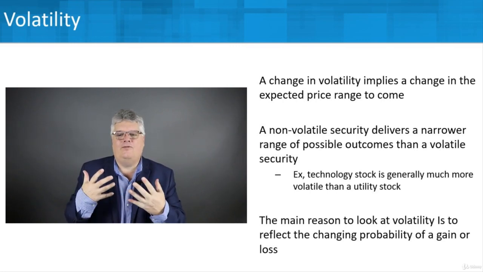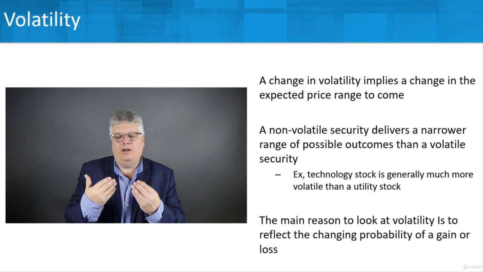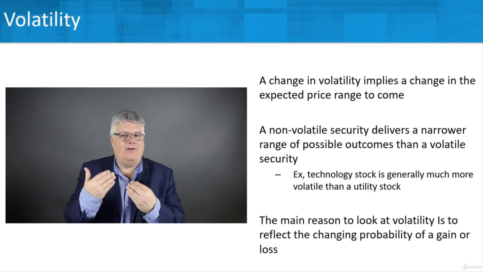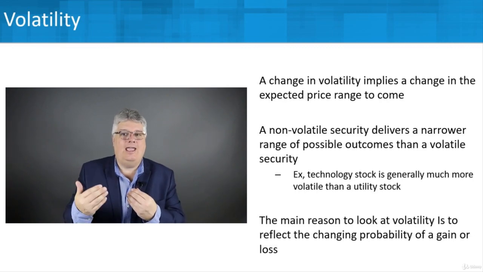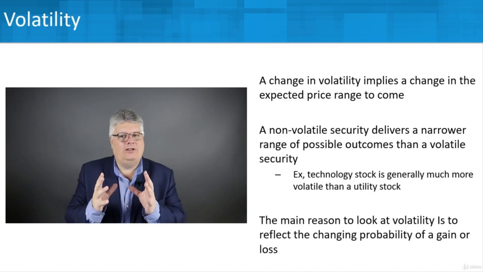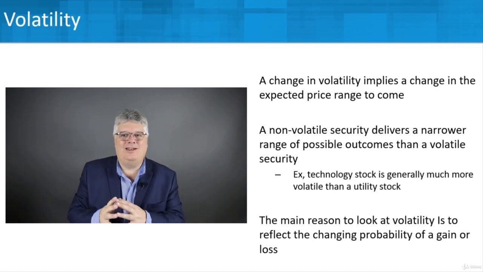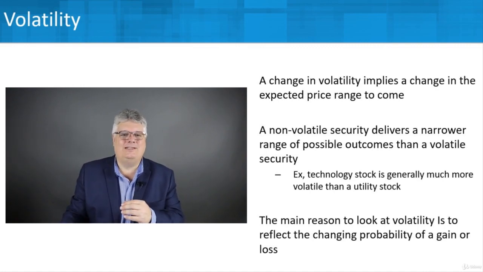So the main reason to look at volatility is to reflect the changing probability of a gain or loss. What are the possible outcomes if I make a trade, that I'm going to have a gain, and what are the chances I may have a loss? And can I look at volatility in a way to make this work in my favor? The good news is you can, and that's what we're going to learn about in these upcoming lessons.